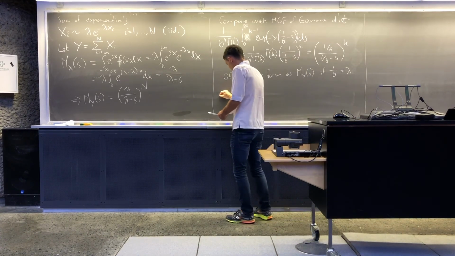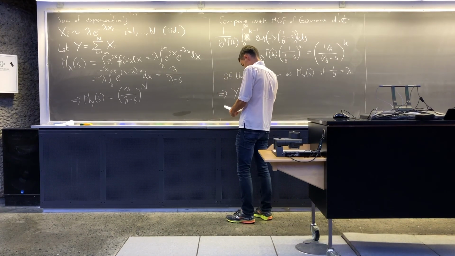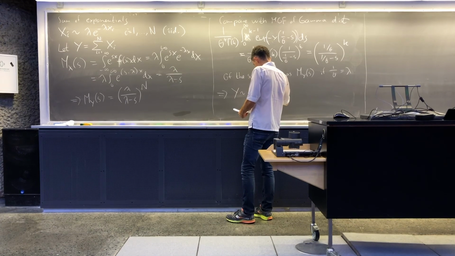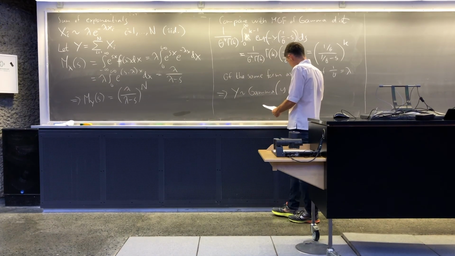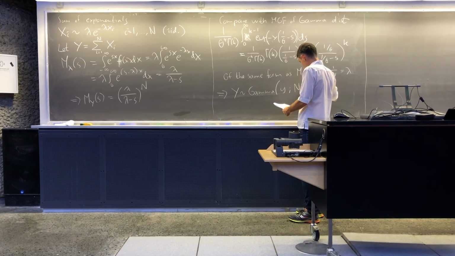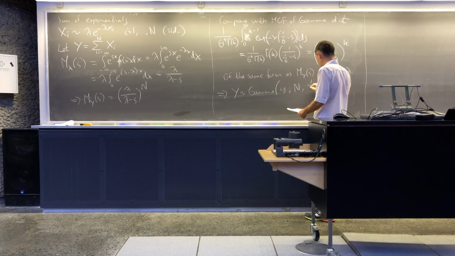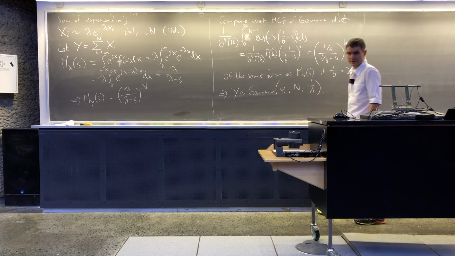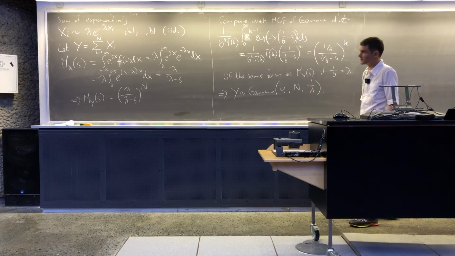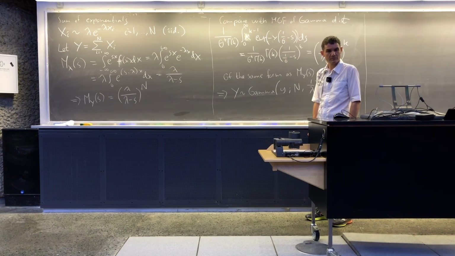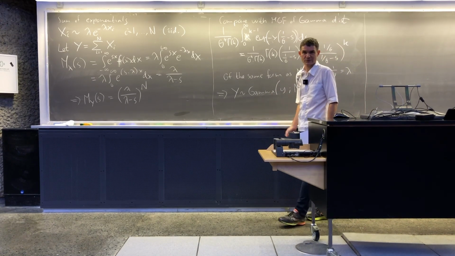And then it follows that y is gamma distributed with parameters n and 1 divided by lambda in the usual shape-scale parameterization. So then we know what the distribution of a sum of exponentials is.